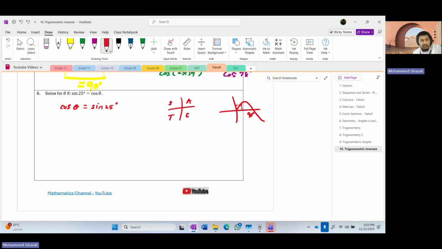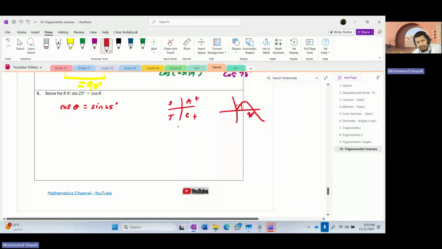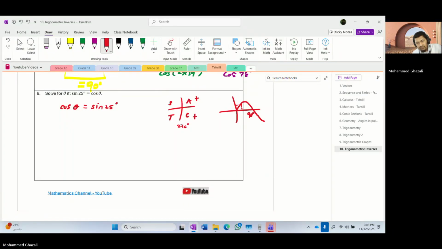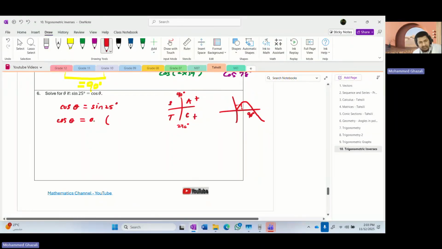So that is a positive angle. So where is cos positive? First quadrant and fourth quadrant. But remember, we need to use 270 and 90 to reduce this. So we're going to say cos theta equals cos of 90 minus 25.